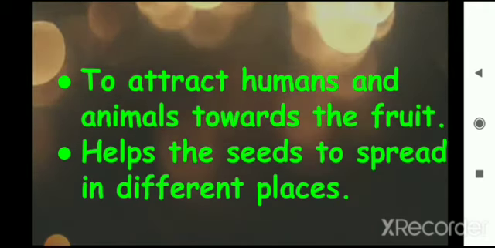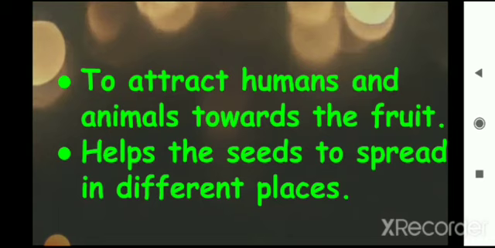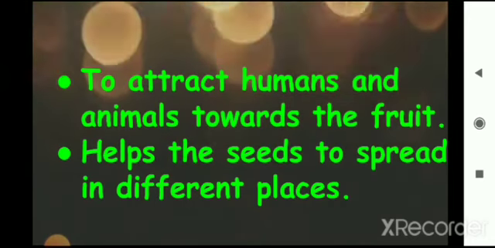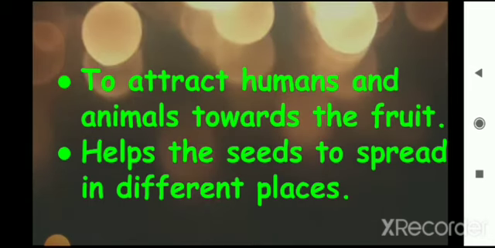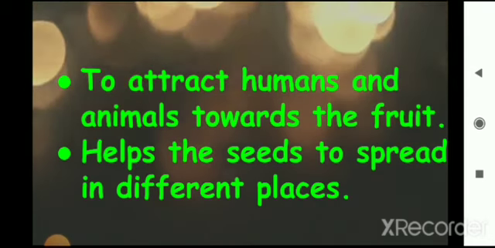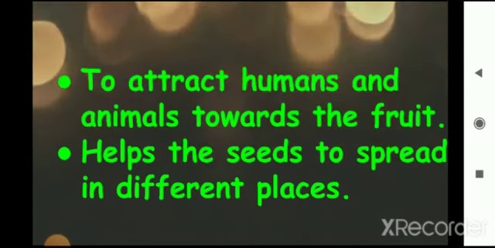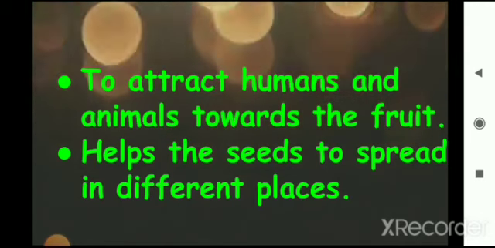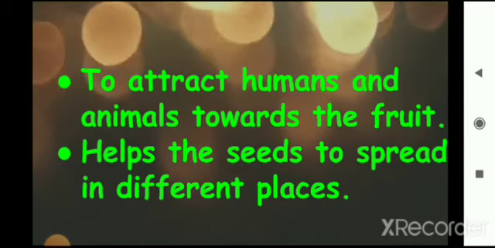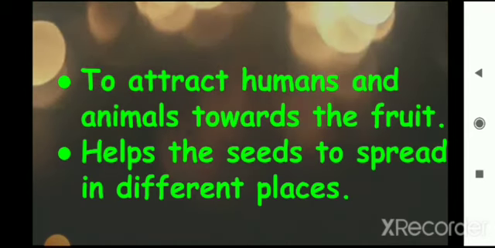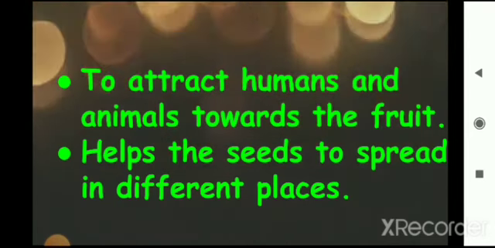Okay? Your second point may be the seeds are generally thrown away. When we eat apple or we eat mango, we throw the seeds of them, right? By this process, this helps the seeds of the plant to spread in different places, which is helpful in what?